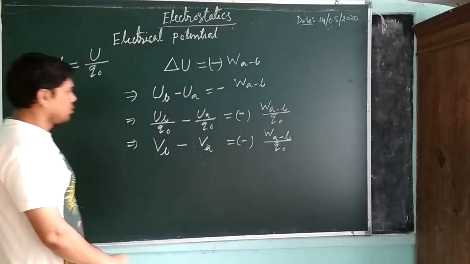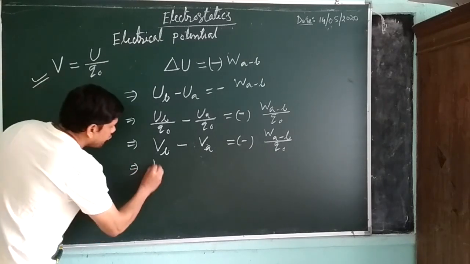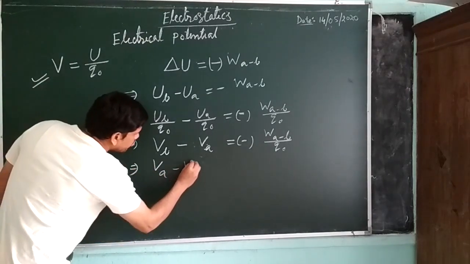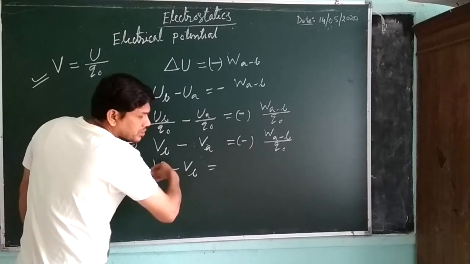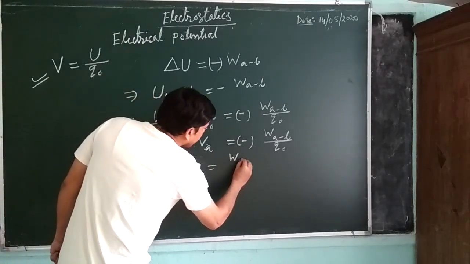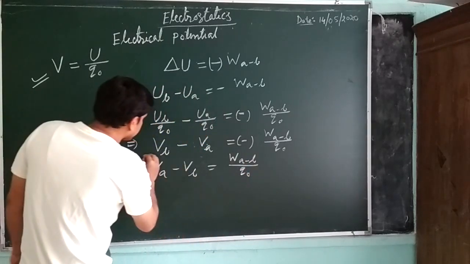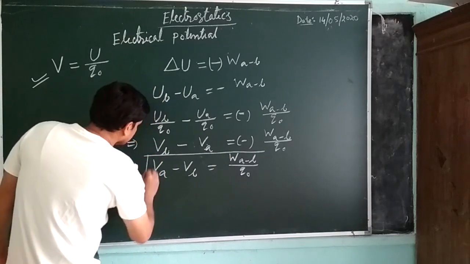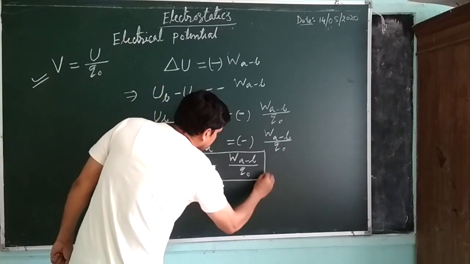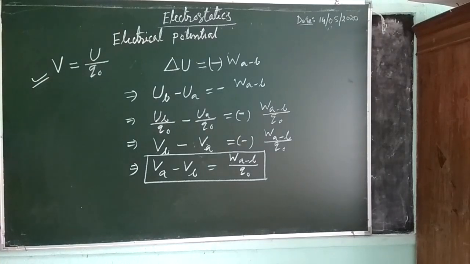Taking the minus to the other side, it can be written as VA minus VB equals W A to B by Q naught. This is the expression of change of potential related to work done between 2 points.